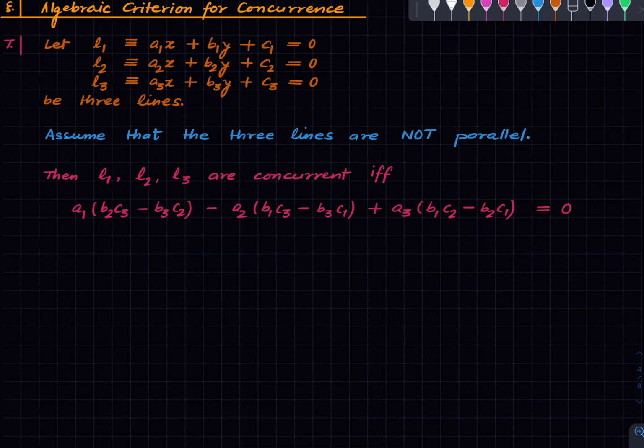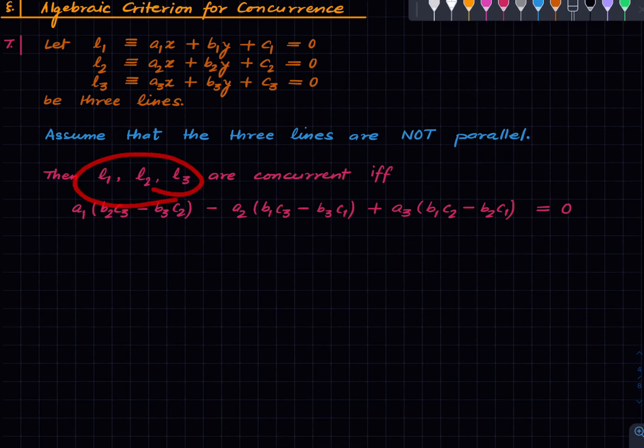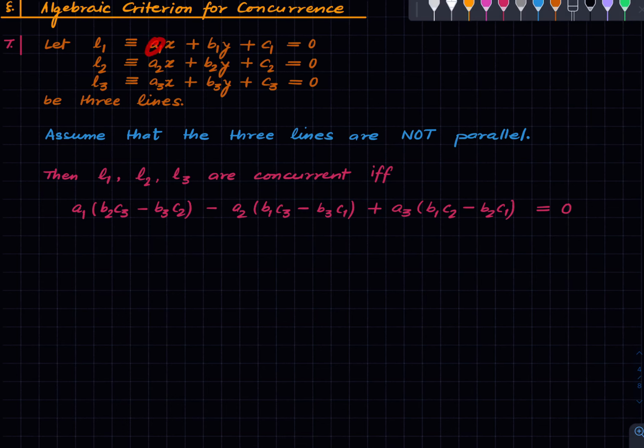We will not be talking about that case. In that case, anyway, it's very easy to check for concurrency and whatnot. So assume the lines are not parallel. Then the 3 lines are concurrent if and only if this horrible expression is 0, which is a purely algebraic expression coming from the coefficients, the 9 coefficients that we see. All right, so that is a fact.